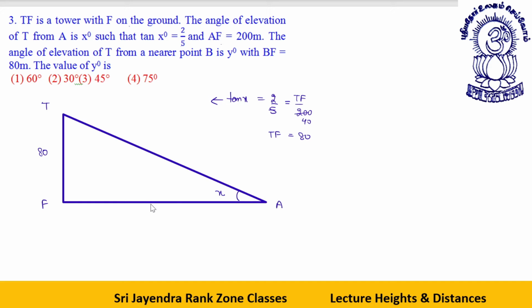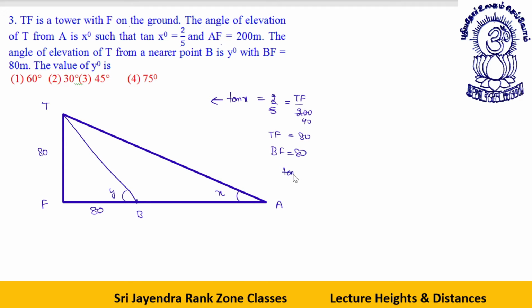Now what do we have? The angle of elevation of T from a nearer point B is y degree with BF 80. Here is a point B. So easily done. BF is 80. You already have TF 80. This is a triangle. This angle is y.